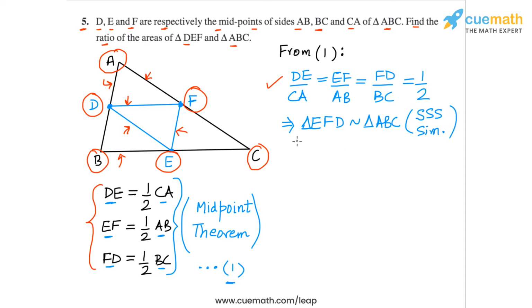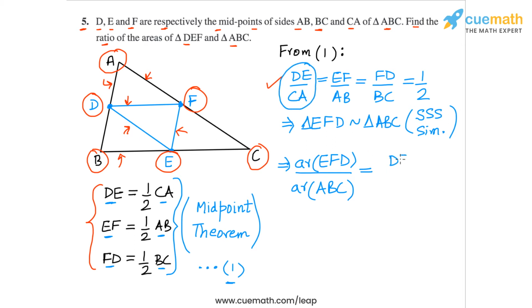Now let's make use of the fact that for any two similar triangles, the ratio of areas is equal to the square of the ratio of corresponding sides. Therefore the ratio of area of EFD by area of ABC will be equal to the ratio of any pair of corresponding sides, squared. Let's take DE by CA, the first ratio.